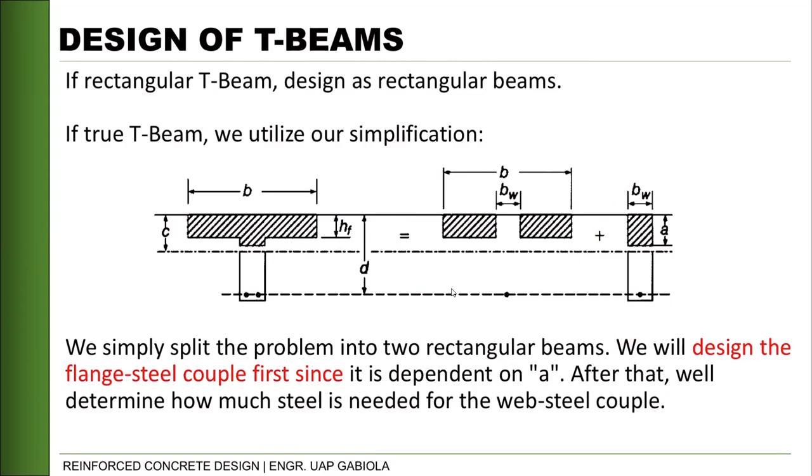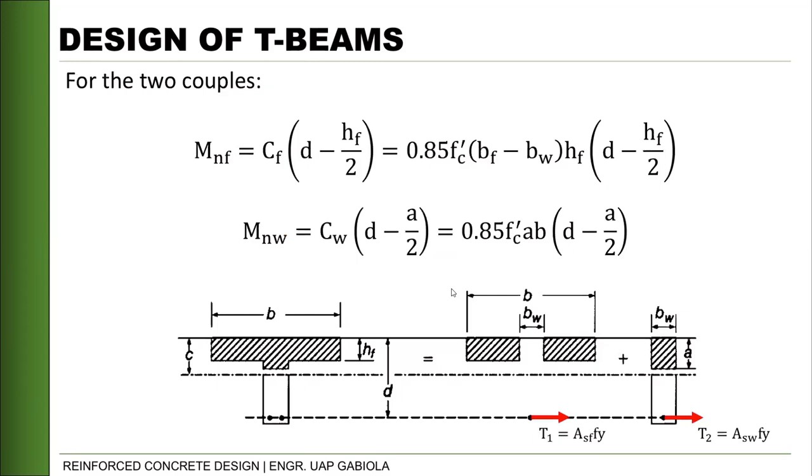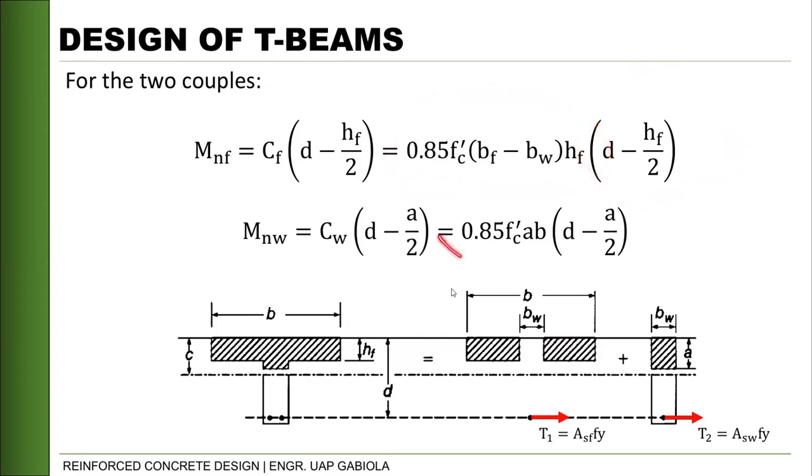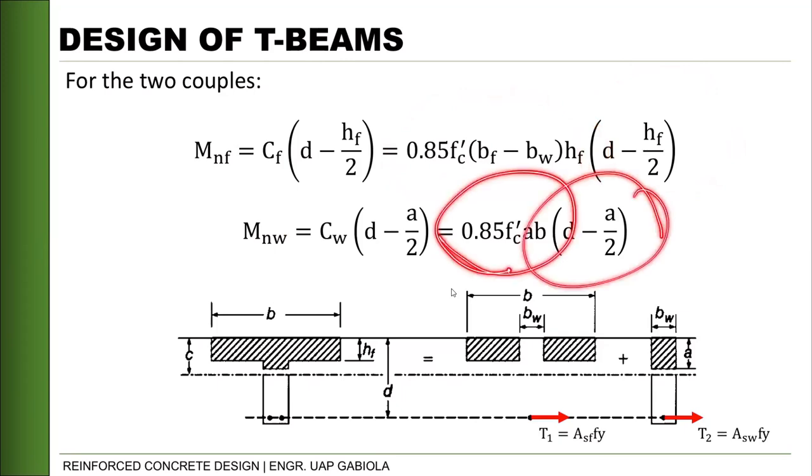Okay, then we derive a formula for the moment or the value of the compression forces of each section. Here we call this the compression for web, and then this is the compression for the flange. So after splitting the T-beam, we can have the force, this is CF, multiplied by the moment arm, and then also for the CW and the moment arm.